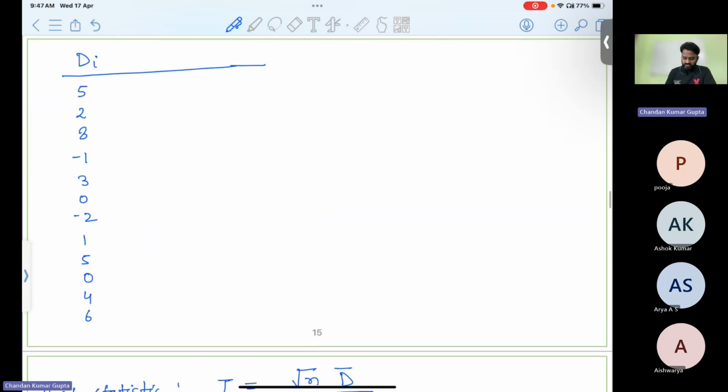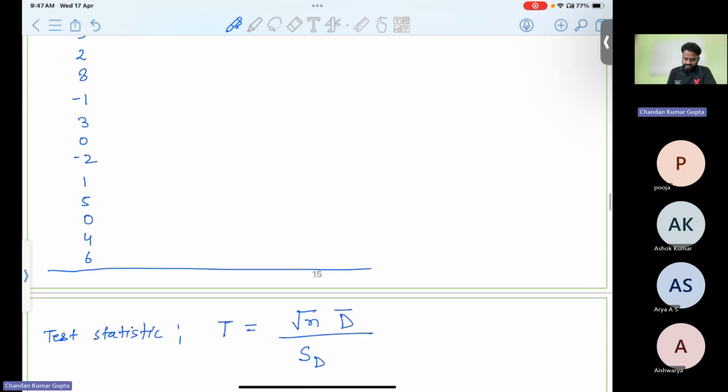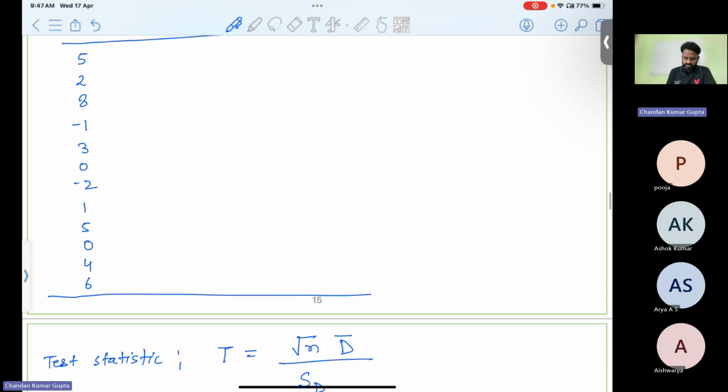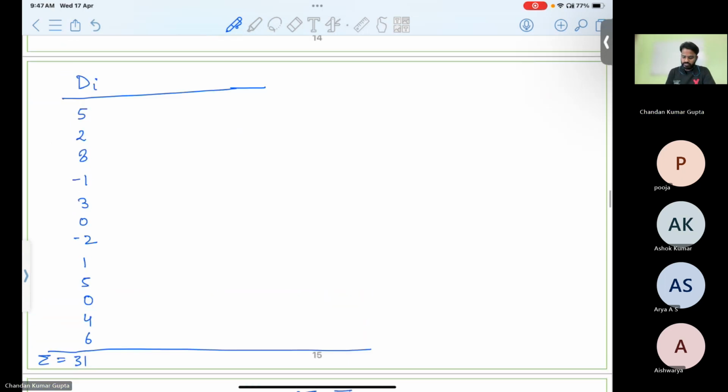So that means we need to calculate d bar. After summing di, we got 31.